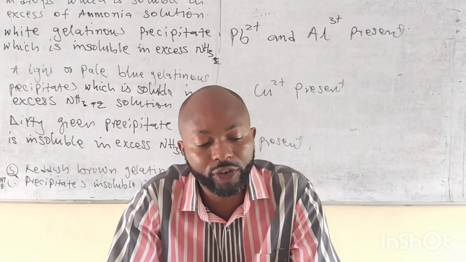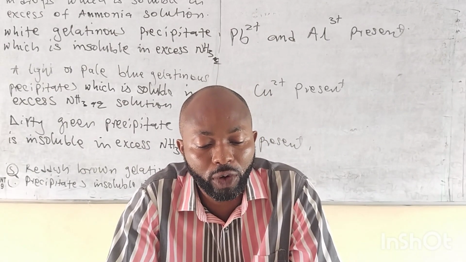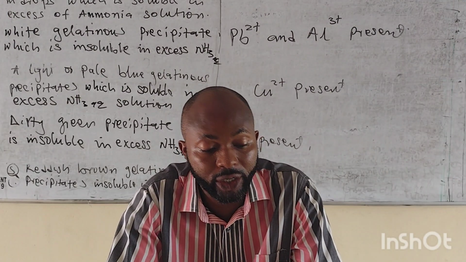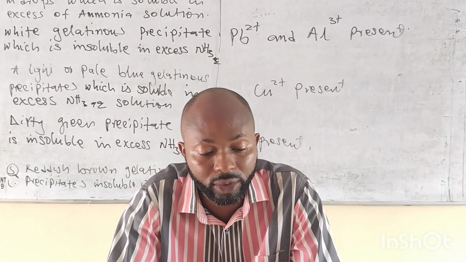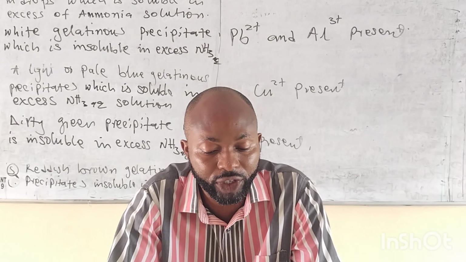Now, in the confirmatory test, like I said, we are testing for SO4, SO3 2-, NO3, Cl, CO3, and so on. So we're going to start with the test, observation, and inference.